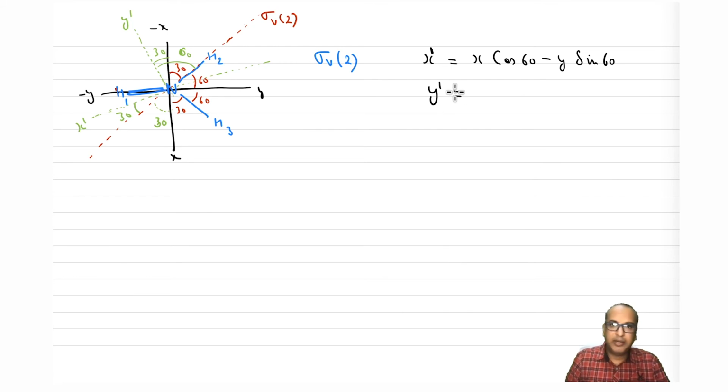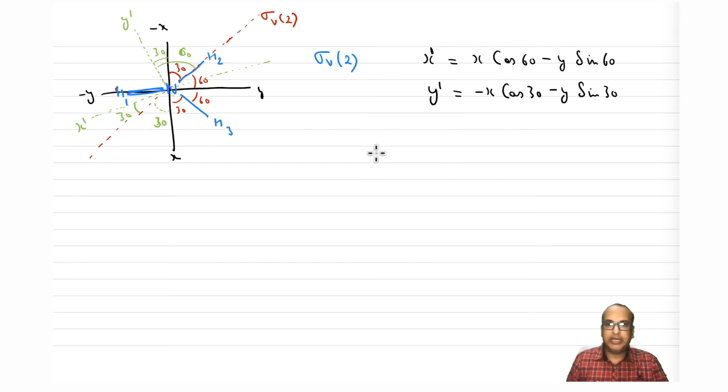we can say that it is making an angle of 30 degrees with minus x, so we can say minus x cos 30, and it's making an angle with minus y, so this will be minus y sin 30, right?